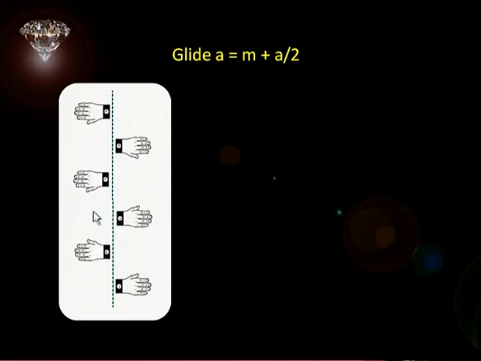I reflect this here, translate by a by 2, because my a is here, from here to here is my repeat distance, but what I am doing is translating half the distance here. I reflect, translate a by 2, reflect, translate a by 2 and so on and so forth. When I do that, I am able to move from one lattice point to another and so on and so forth.